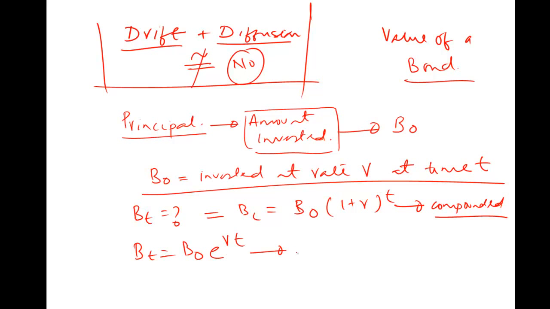If that's the case, then the formula changes to B0 times e raised to the power RT, where e is the exponential function. Continuous compounding implies that interest is being accrued at infinitely small intervals all the way up to maturity. And obviously, because of the continuous nature, you go from (1 plus R)^T times B0 to B0 times e raised to the power RT.